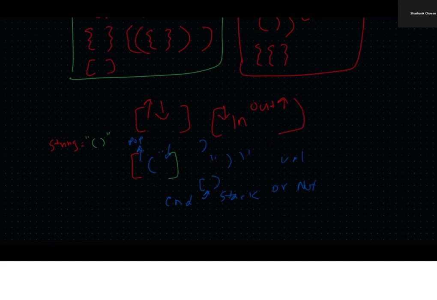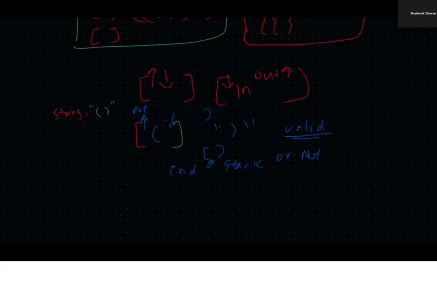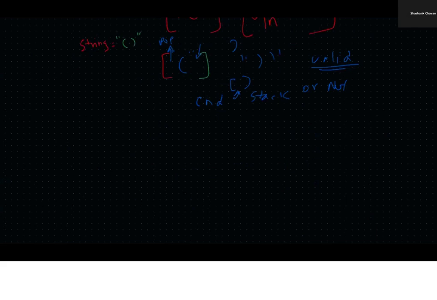Okay, let's take another example, a little bit more complex, just to solve, right? This is a string which has one round brace, one square brace, one curly brace, and the same for the closing ones. So now we will start from here.